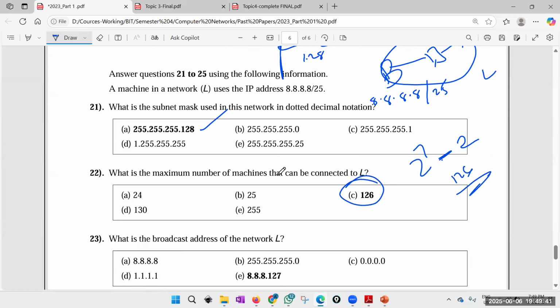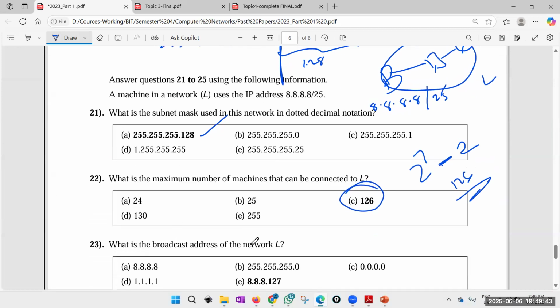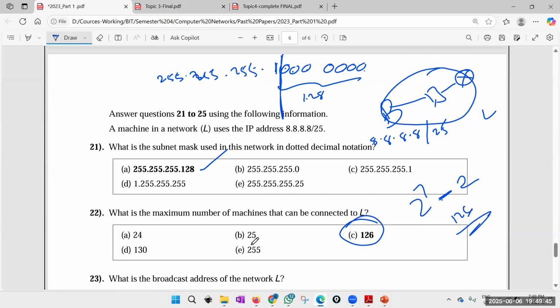Question 23. What is the broadcast address of the network L? Because it is /25, you can clearly see that this is 8. It is one of the IP addresses, so it will be something like 8.8.8.8.